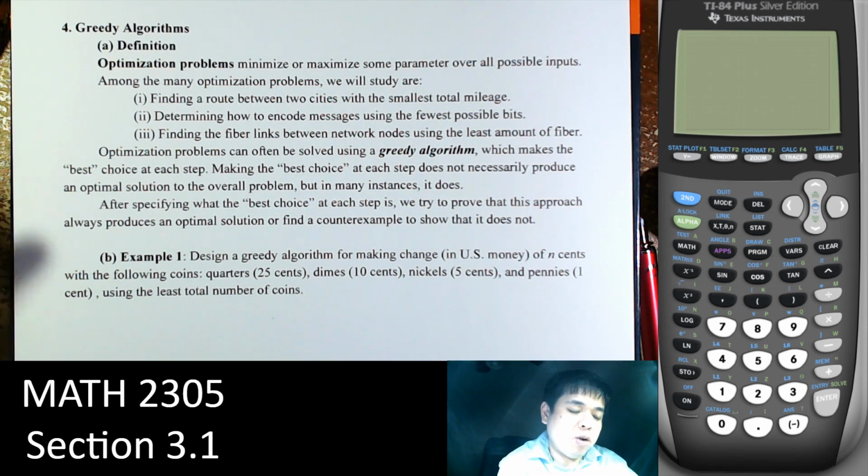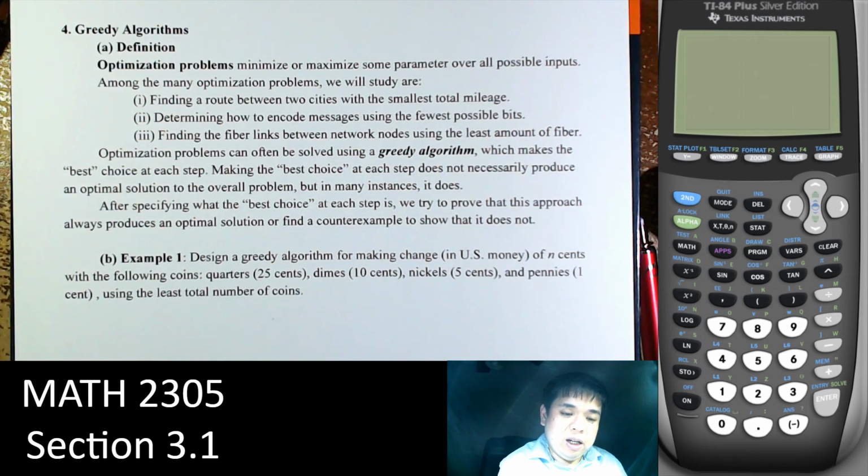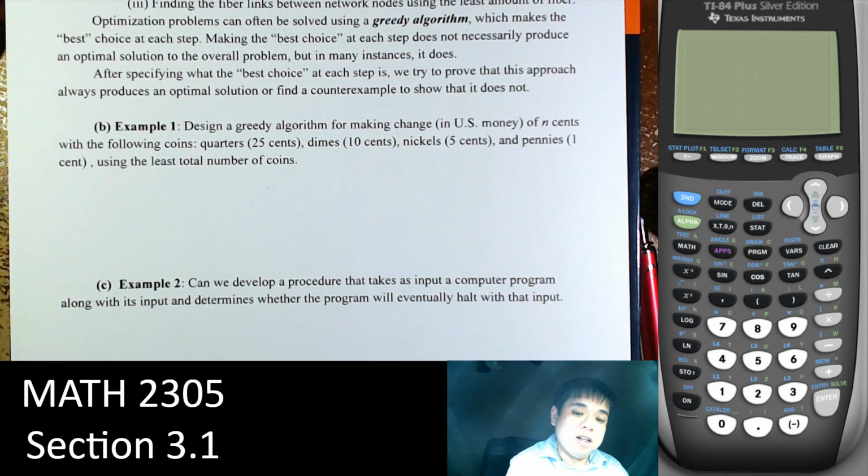So there's some example. I'm not going to do that with everything here. Optimization can be solved using the greedy algorithm, which will make the best choice for each step. And of course, that's not always guaranteed the best, but in some instance it does.